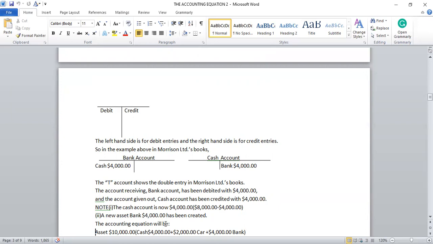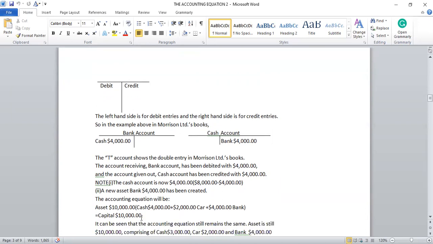The accounting equation will be: assets are still $10,000, comprising cash, $4,000, plus car, $2,000, plus $4,000 from the bank. And all will still be equal to capital, $10,000.